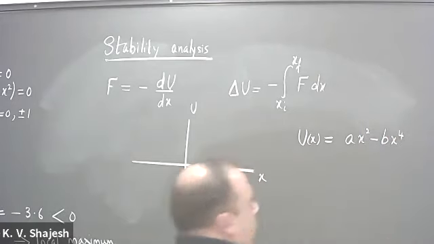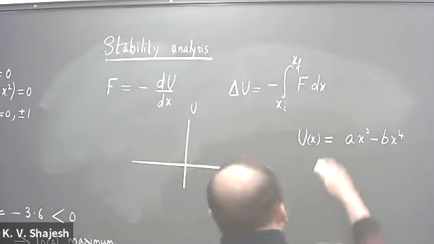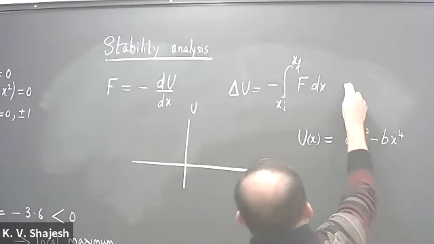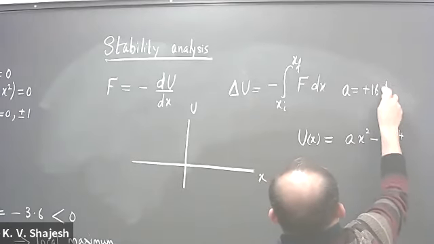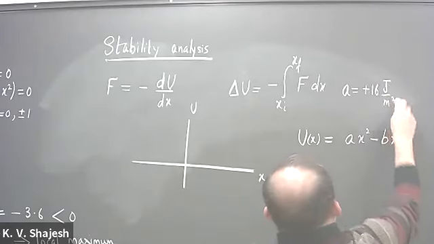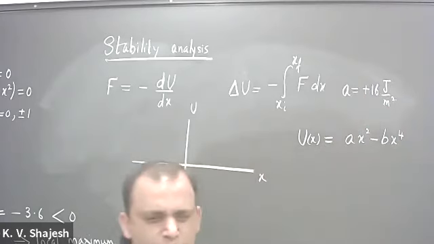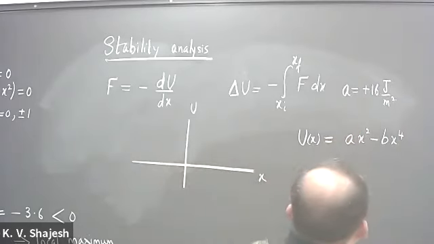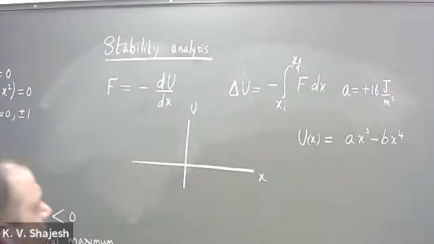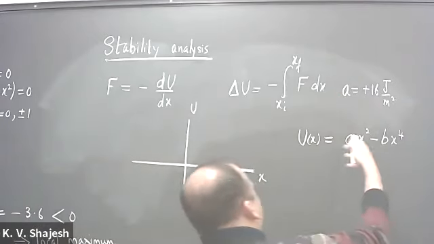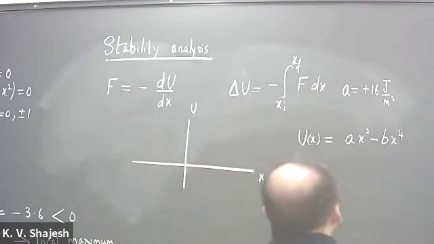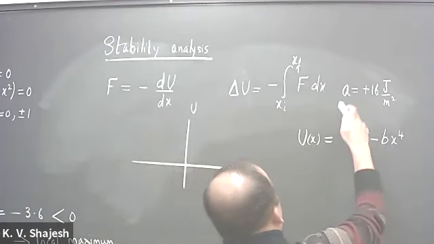This is very similar to what appears in your homework, but the example I'm going to do here, I'm going to say a is equal to plus 16 joules per meter squared. Notice this is a positive quantity. In your homework, this is negative. That's very different in the sense the plot will change completely. In fact, it will flip opposite to whatever we are going to do here. So be careful. You can use the analysis, but it is different in your homework.